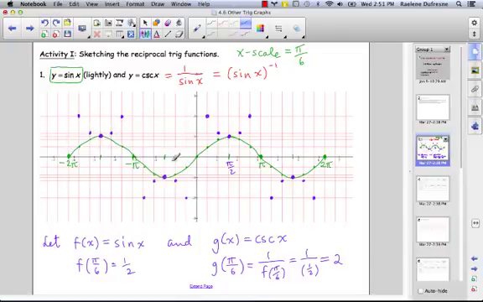Last but not least, when the green sine graph has x-intercepts, that means that the height of the graph, or the y-coordinate, is 0. Reciprocating 0 gives us 1 over 0, which is undefined. So whenever the sine x graph has an x-intercept or a 0, the cosecant x graph is undefined and therefore has a vertical asymptote.